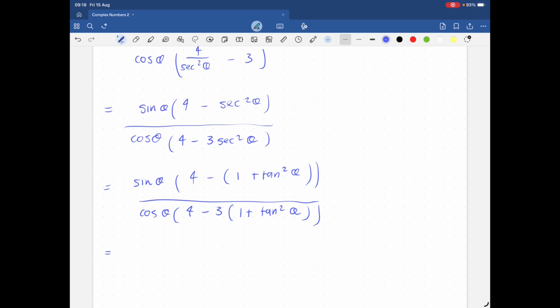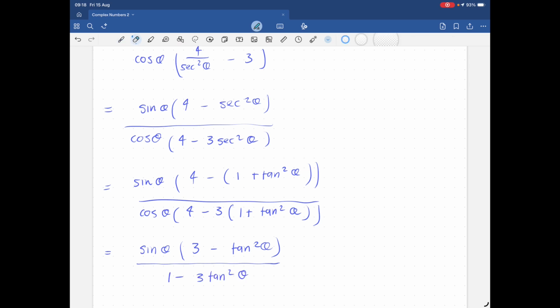And that's going to give us sine theta. Here we've got 4 minus 1 and then minus tan squared theta. 4 minus 1 is 3 minus tan squared theta, over, on the bottom, we've got 4 minus 3 is 1 minus 3 tan squared theta.